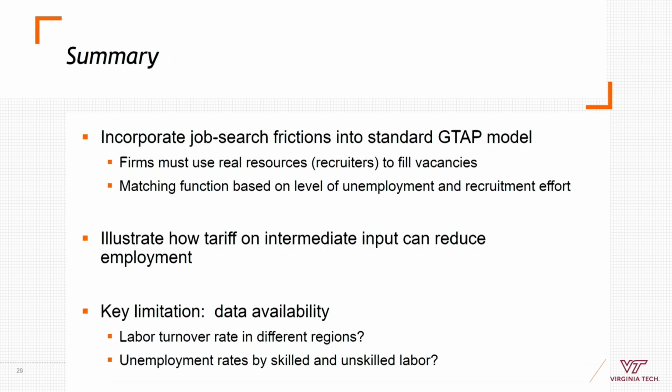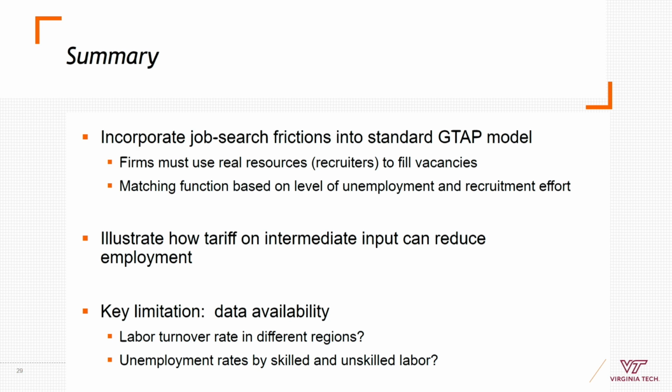Okay? All right. Have a little bit of time left. So again, just to summarize, what I tried to do in this work is to incorporate job restrictions into the standard GTAP model.